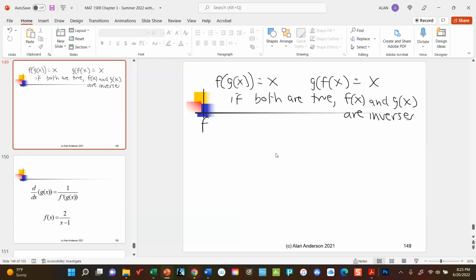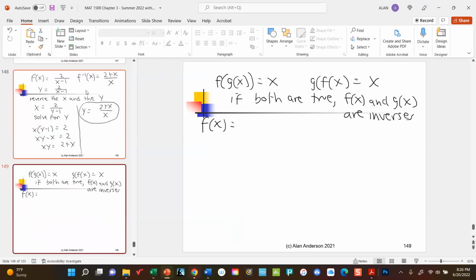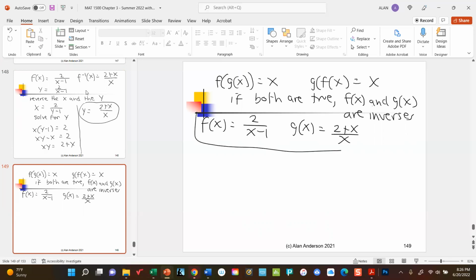All right, so let's remind ourselves that in this case, starting out with f of x equals 2 over x minus 1, we determined that g of x, or the inverse, was 2 plus x over x, or at least we think so. We used the technique, and now we just want to make sure that we did it correctly.